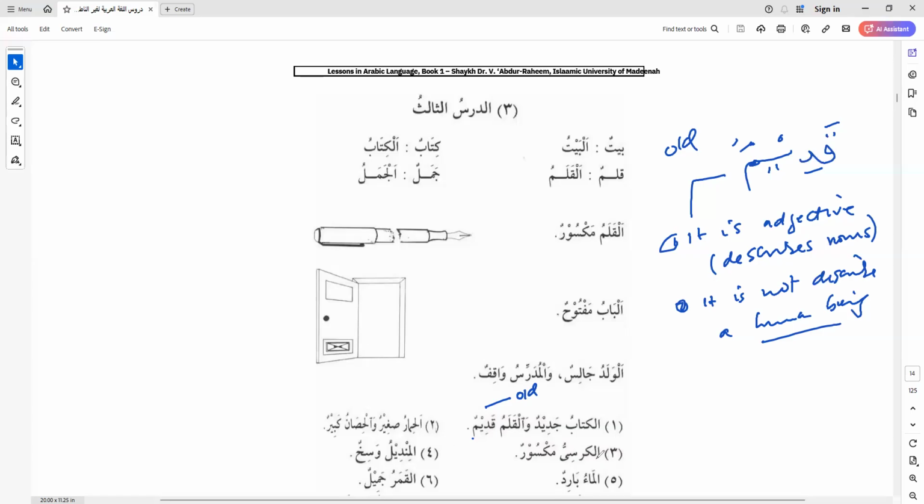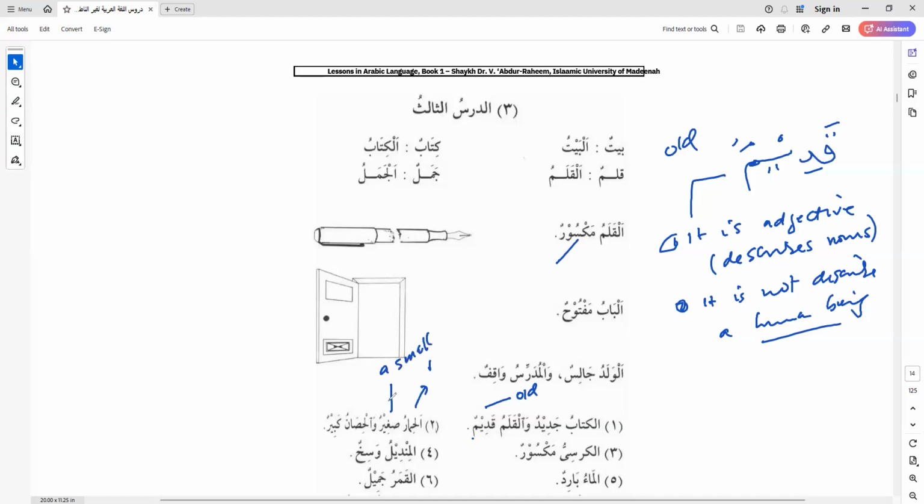Let's look at number 3, thalatha. Al kursiyu maksurun. Maksur, again, here, broken. Kursi is a chair. We've already learned it. Maksurun is broken. Let's look at number 2. Al-himaru. Himar is donkey. The donkey, saghirun. When we say something is saghirun, it's small.